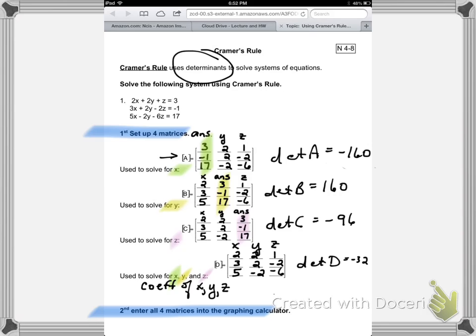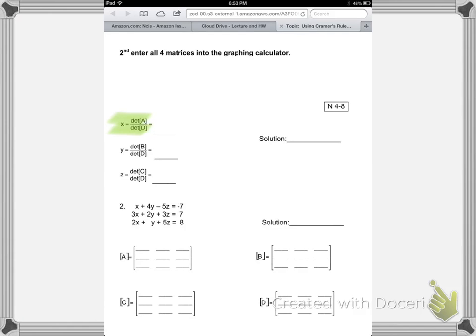Now, once you've found all those determinants, these are the formulas you're going to use. X, the variable x, you find by dividing the determinant of A by the determinant of D. So that would be -160 divided by -32, and that gives me +5. The determinant of B, +160 divided by -32, gives -5.